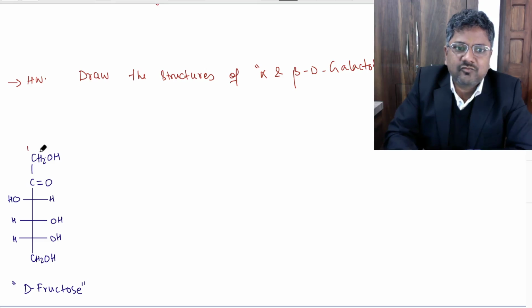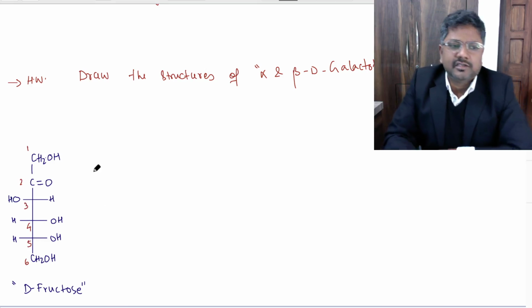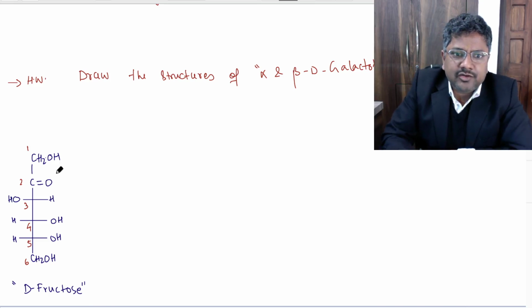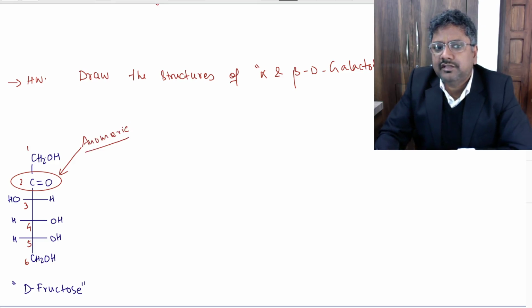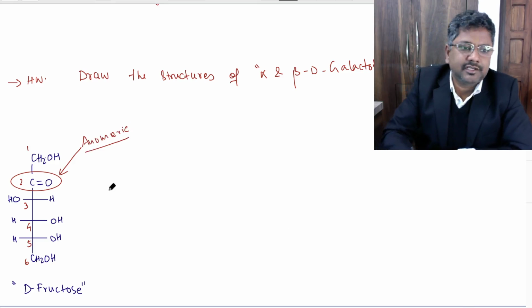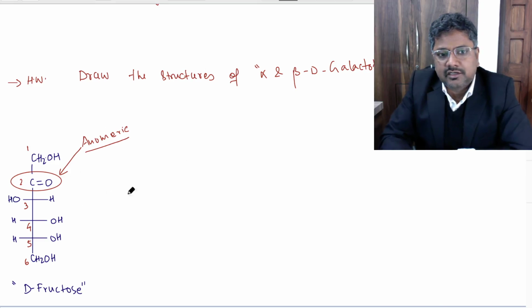See, 1, 2, 3, 4, 5, 6, right? So this is the anomeric carbon here, carbon number 2. Do the same thing as in the case of glucose.